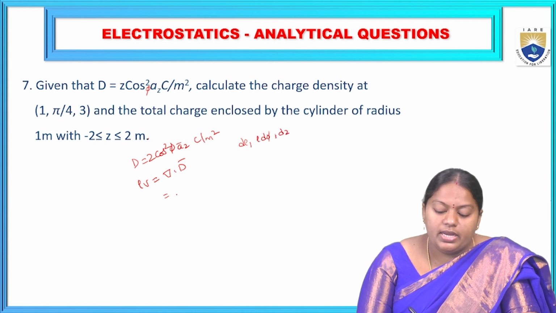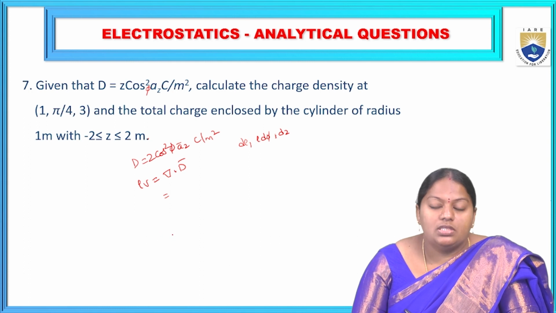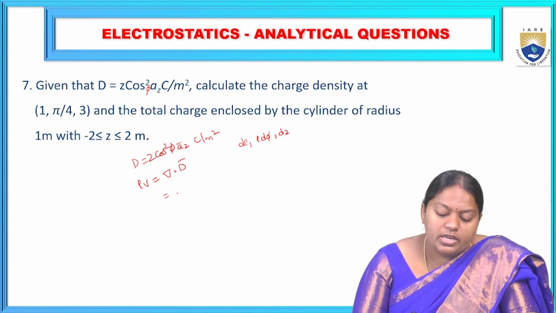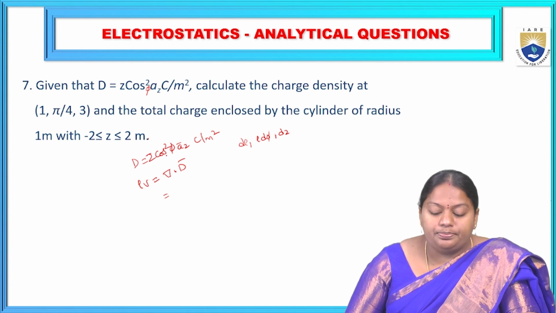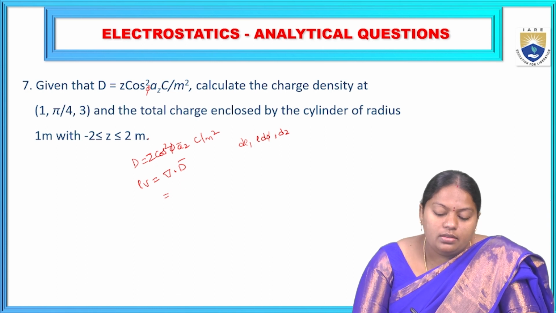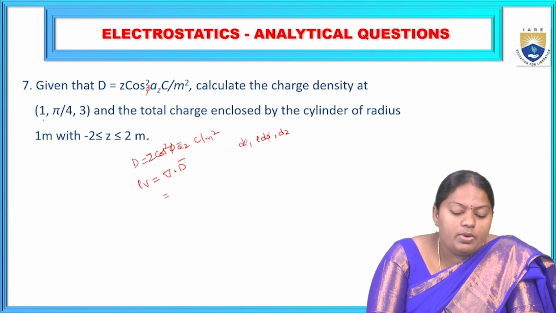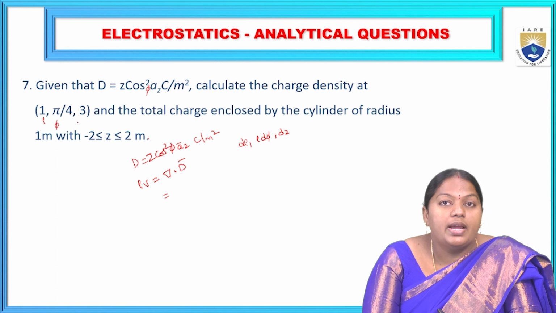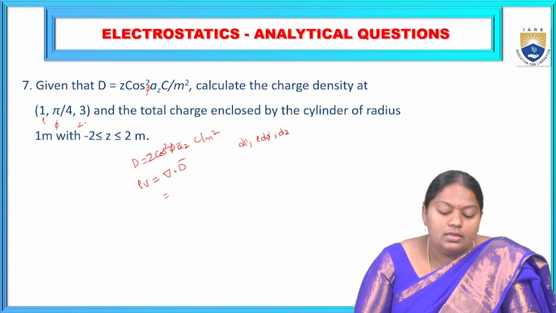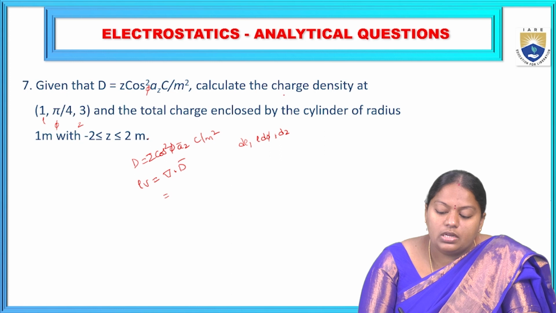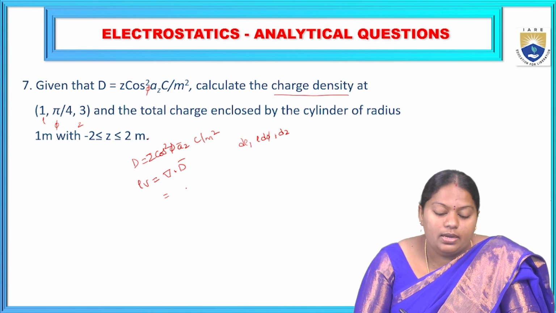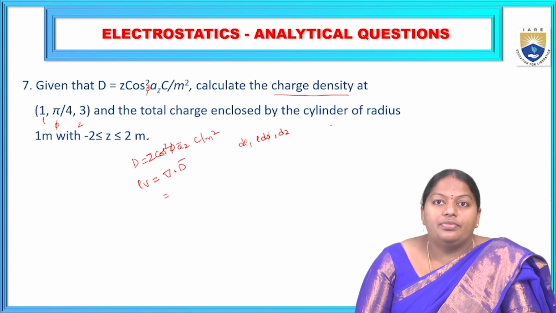Depending upon that, we write the divergence of flux density, and finally it should be expressed in terms of the coefficients in the given one as z, phi and rho. Then we substitute rho by 1, phi by pi by 4 and z by 3, right? This is the way we get the charge density rho v equal to del dot D bar, and then the total charge enclosed by the cylinder of radius.